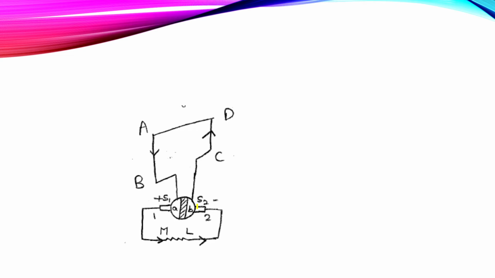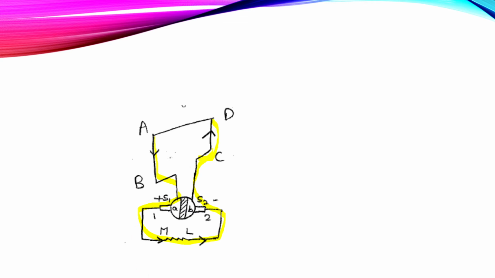Applying Fleming's right hand rule, the direction of current will be A, B, M, L and again back to C, D. That is, the current will be flowing through the load from M to L.